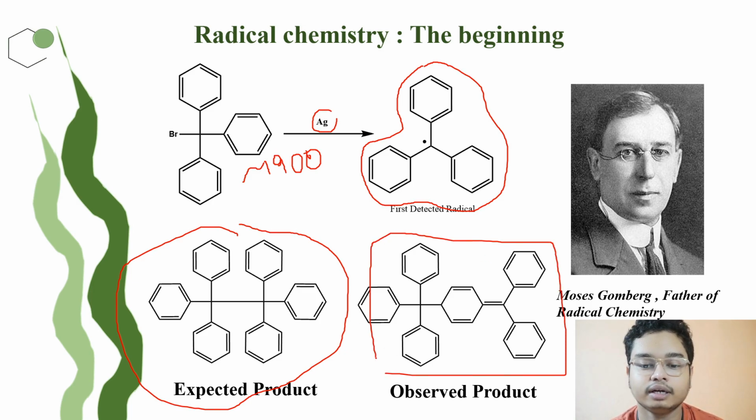And this type of product is only observed if the pathway undergoes a radical-based pathway, not the normal addition-elimination type of pathway. So for their further investigation, they understood that this is a new concept. There is a concept of radical chemistry, and Moses Gomberg is the father of radical chemistry.